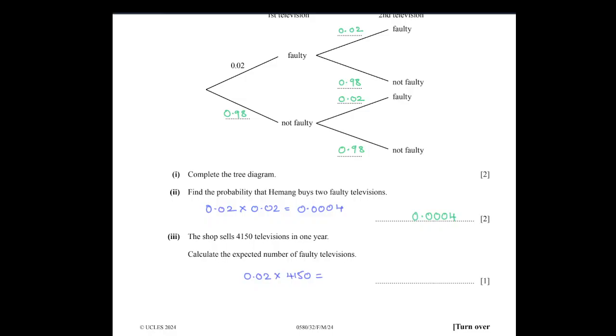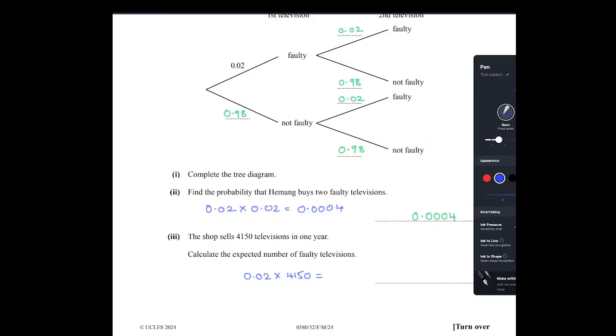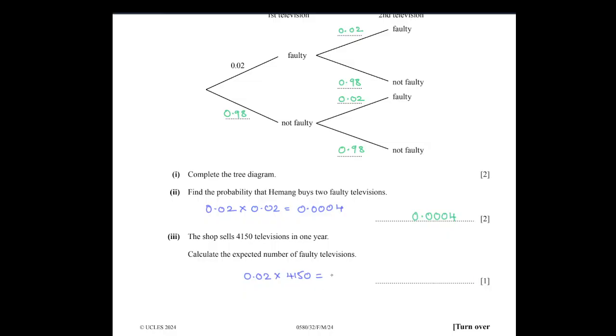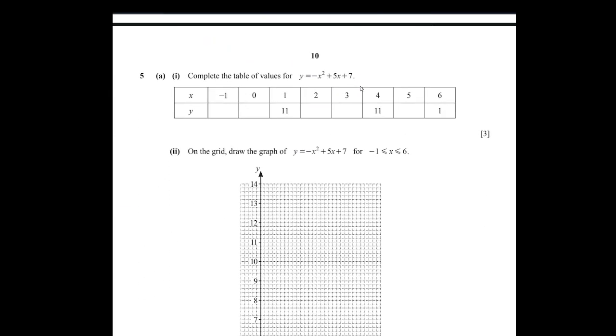So they sell 83 faulty televisions. Question number 4 is completed now.